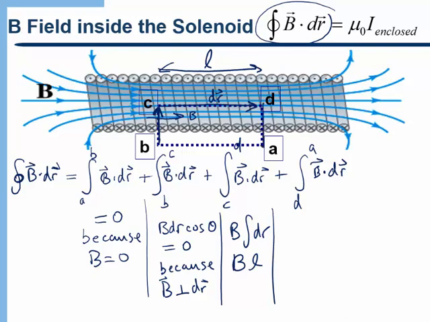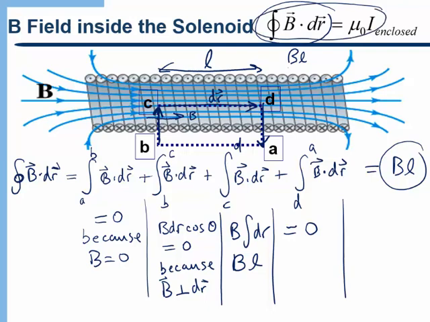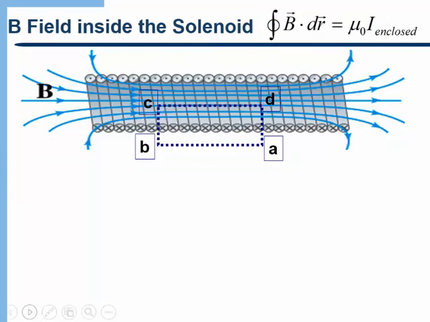Notice that from d to a, that's equal to 0 for the same reason that it was from b to c. And therefore, what I end up with is just B times L. Okay, so that's the left-hand side of Ampere's law. We figured it's B times L. We've now got to figure out what the right-hand side is equal to.